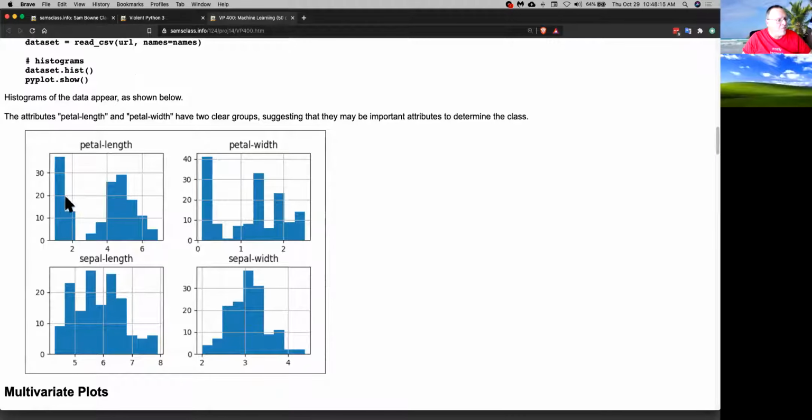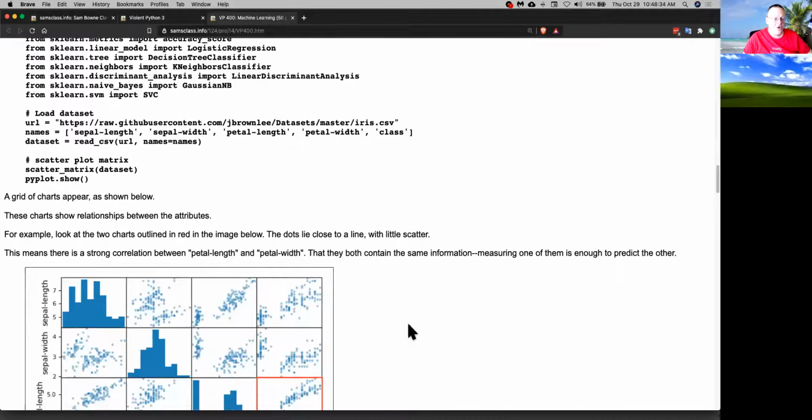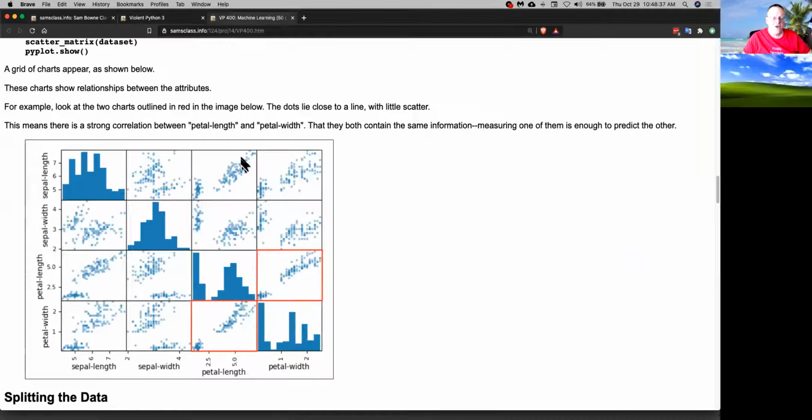This is probably one type of iris, and this is apparently the other 2 types of iris that kind of overlap on this parameter, and they overlap on this parameter, but maybe not quite as much. So you try to find the best curve that would combine these measurements to most correctly separate it into the various categories. You can make multivariate plots to see the correlation.